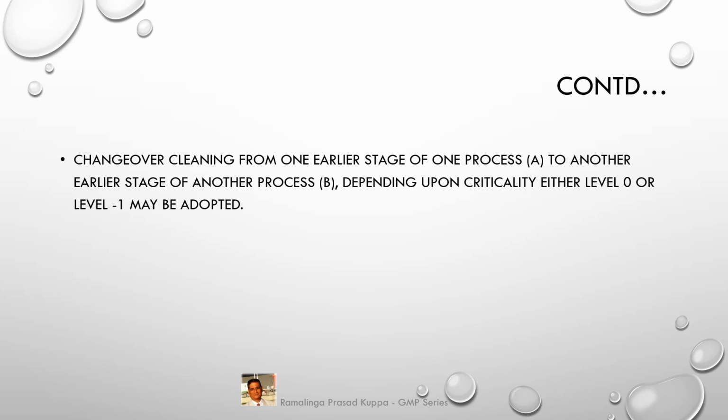This strategy is selected because the processes are two different processes, A and B. The chemistry and impurities may be different. So, it is necessary to evaluate through a risk assessment on the levels of cleaning.